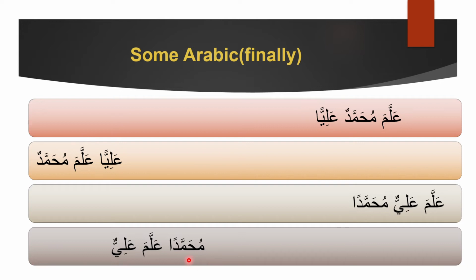So over here you learn two very basic rules. That if you see a un or u, dhammatain or dhamma, it means it's rafa. And if you see an or a, which means it's a fatha or a fathatain, then it will be nasab. That's two basic differentiation. And by the way, now do you notice the importance of tanween in Arabic?